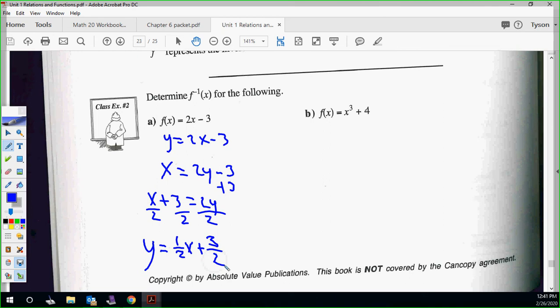Now, is that a function? 1/2 x plus 3 over 2 is a function. It's a line. So we can write it as f negative 1 of x equals 1/2 x plus 3 halves. Just the same thing, but with the f negative 1 notation.